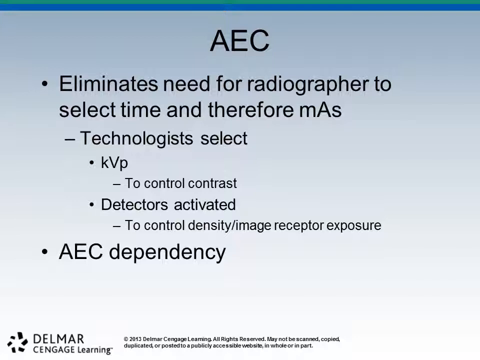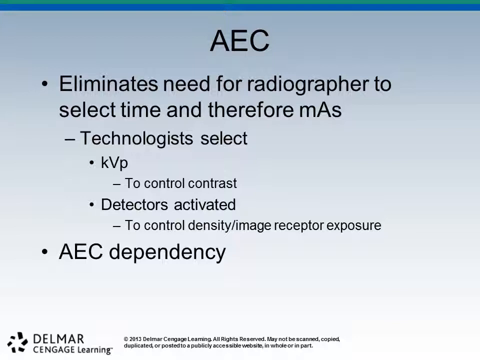When you're the technologist setting a technique, you're trying to determine what the kV is, and we've talked about that. Again, over and over, I say this: you need to have certain kV ranges that you're going to use for particular parts. You've heard that out of my mouth enough that I'm not going to go through it again, but make sure you know what kV range is for what parts. And then the next thing you select is the mass.